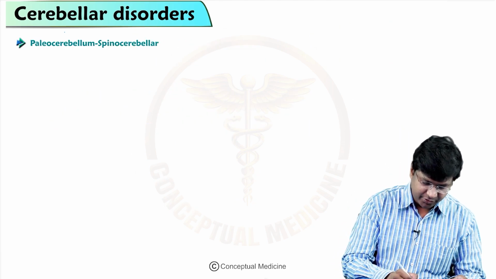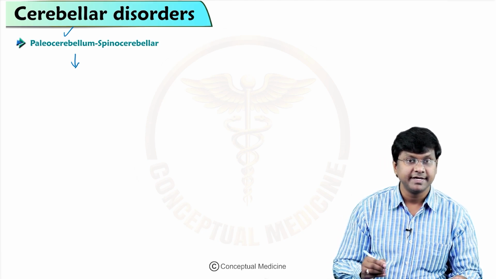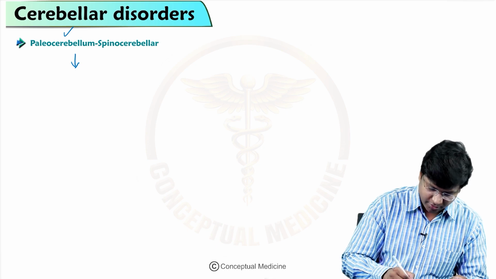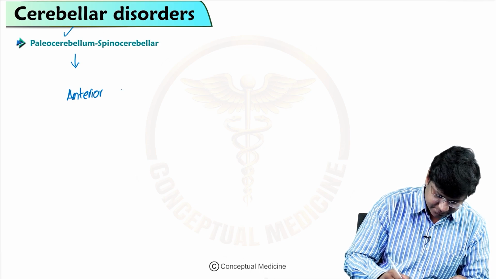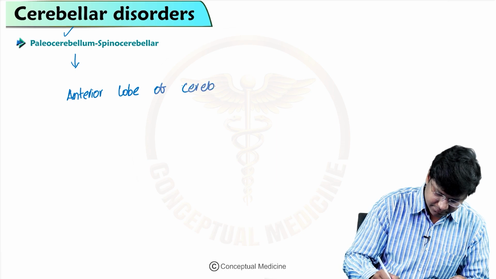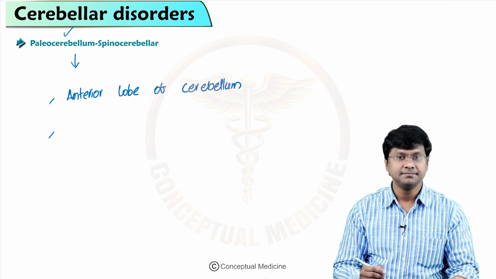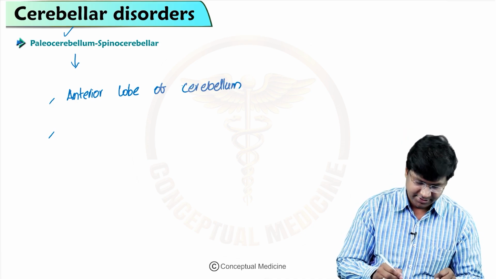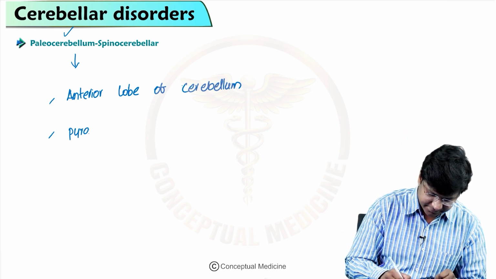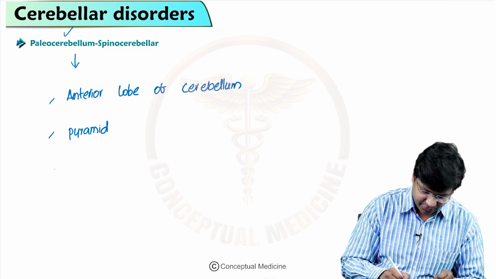Then the next important structure is the paleocerebellum. This paleocerebellum is made up of the anterior lobe of the cerebellum, and the other parts present within it include the pyramid and the uvula of the inferior vermis.